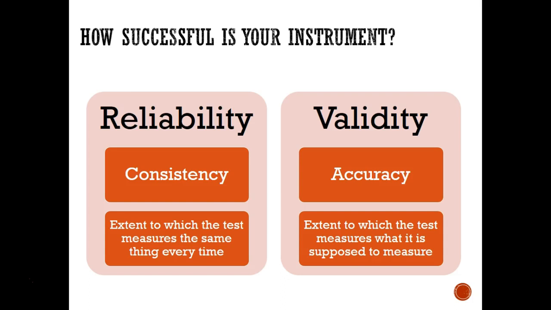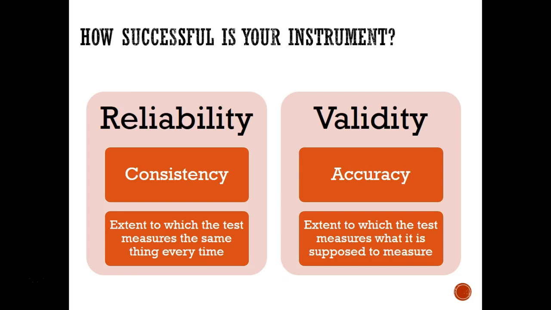What you see here on the slide with reliability and validity, I love these definitions. Reliability is the extent to which the test measures the same thing every time. No matter who is responding, no matter what the context is, it's a reliable item. We know that people will interpret it in the same way. A valid item, however, is the extent to which the test is measuring what it's supposed to measure.